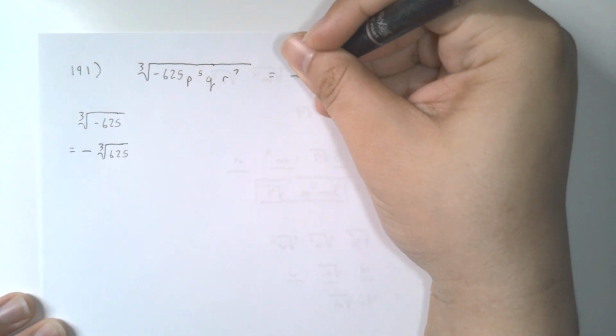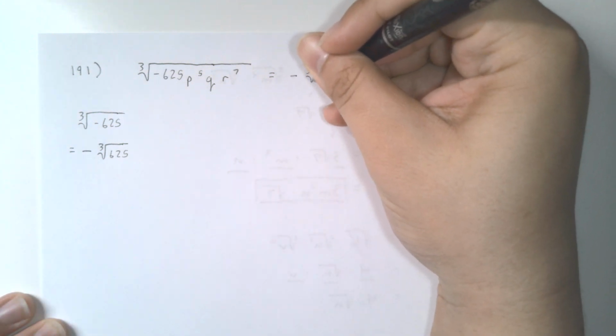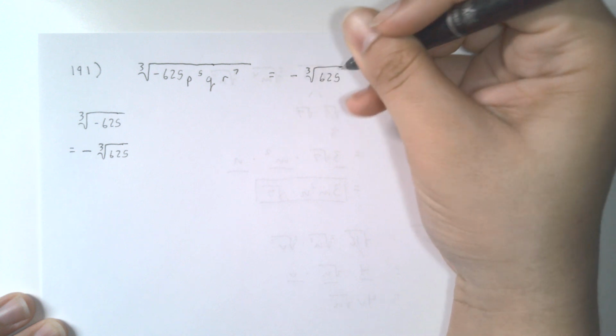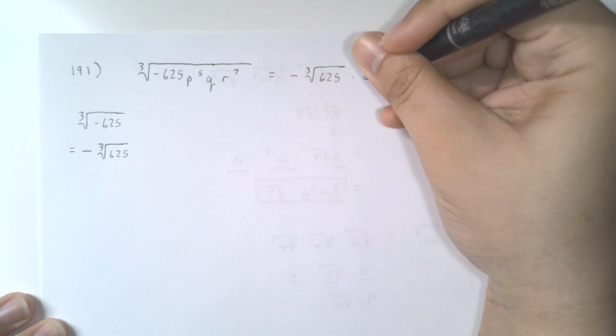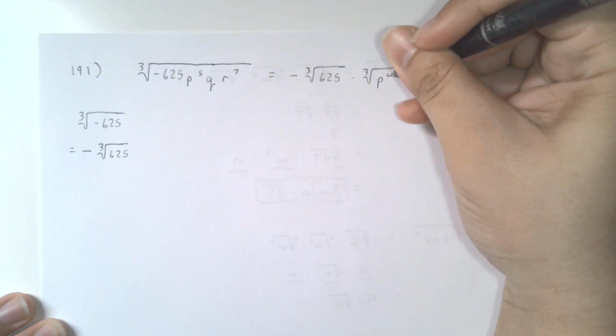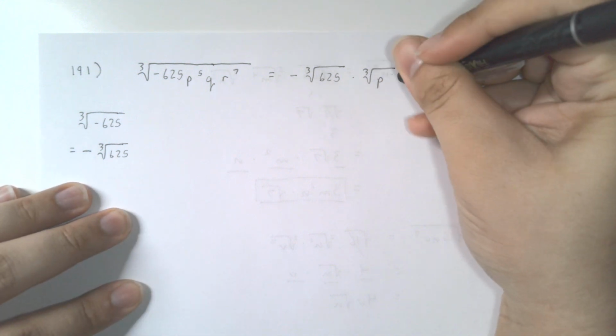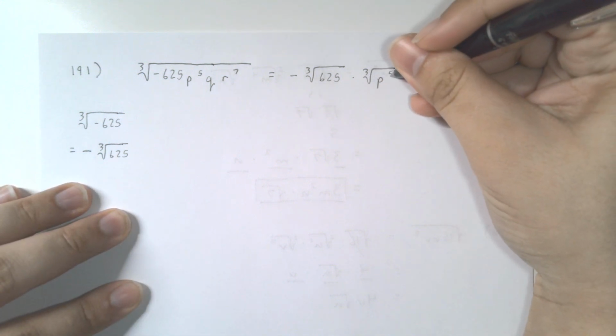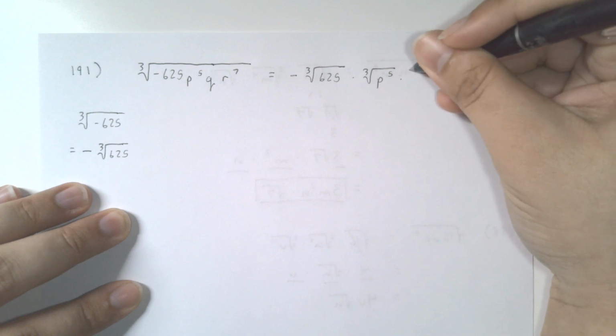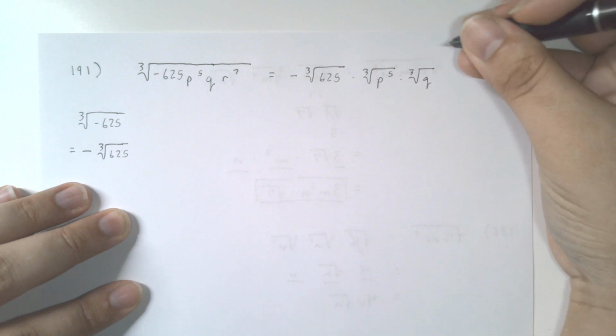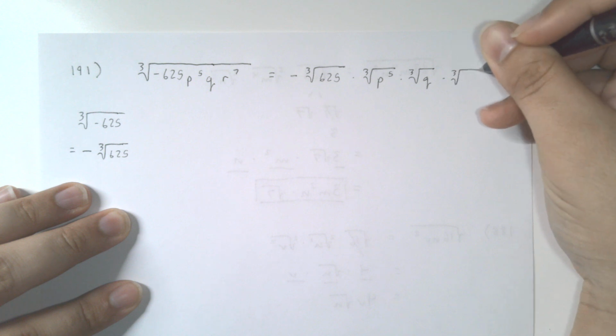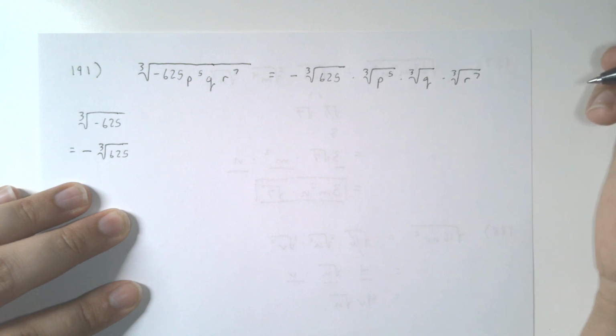But we can break this up as negative cube root of 625 times the cube root of p to the fifth times the cube root of q times the cube root of r to the seventh.